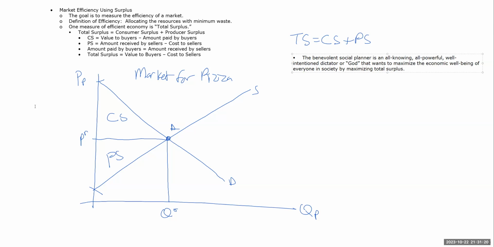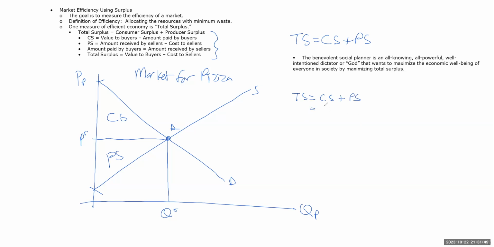First, I'm going to talk about it one way, and then I'm going to talk about it another way. Let's use these formulas we learned up here and talk about how the equilibrium is efficient. So we have total surplus equal to consumer surplus plus producer surplus.